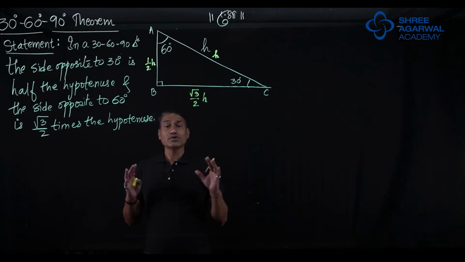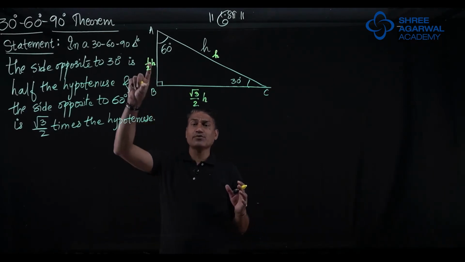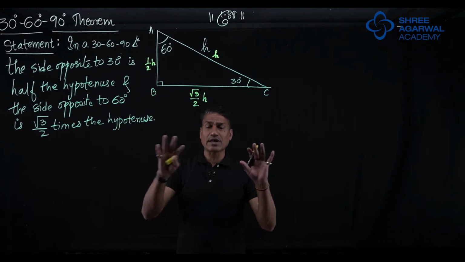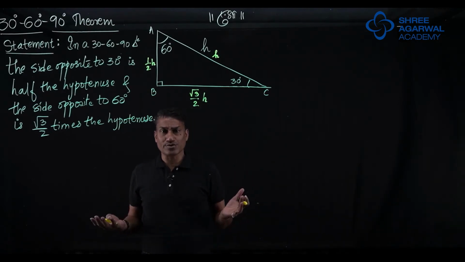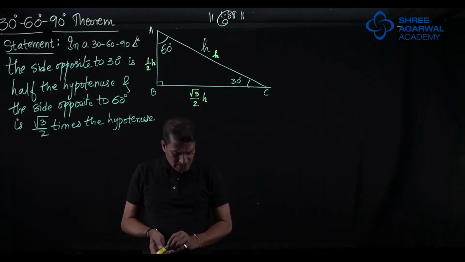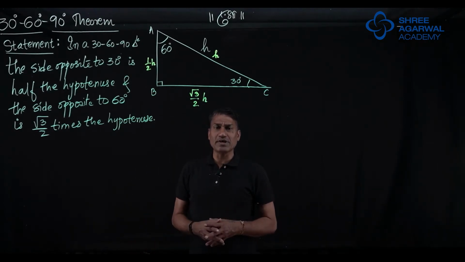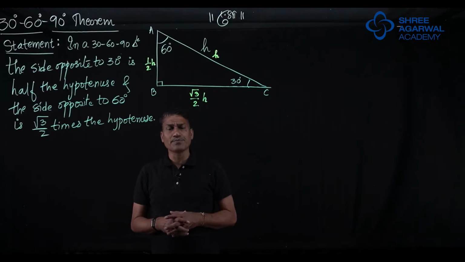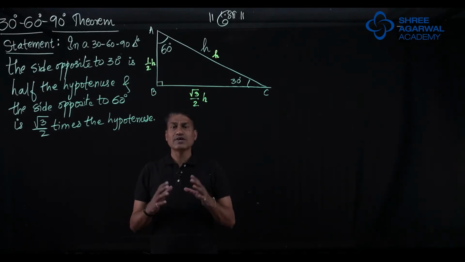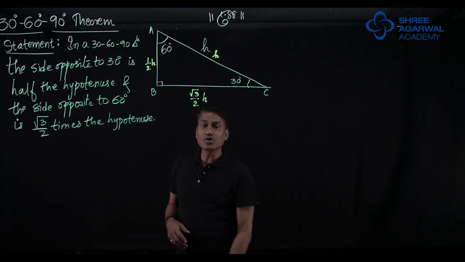Now you can also verify that AB square plus BC square is equal to AC square. That will also happen. Now once this theorem is learnt, our next logical step would be, sir, how does it come? Prove it. If you want to prove it, we can do that. So let's do the proof.